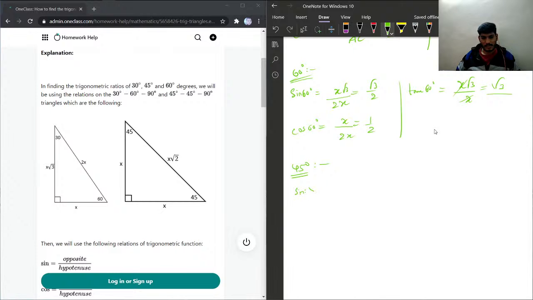Sine 45 will be x over x root 2, which will be 1 over root 2. Cosine 45 will be x over x root 2, which will again be 1 over root 2. And tangent of 45, we have x over x, which will be 1.